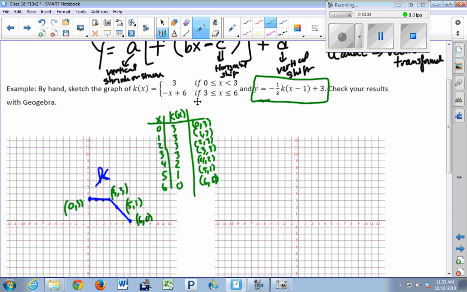So if you have a bunch of points already labeled, you can literally just change all of your x values by 1. My y value is not changing at all. So I start at (1, 3), I go to (4, 3), I end at (7, 0), and then I shoot right down with a slope of negative 1. There's my first transformation. Done.